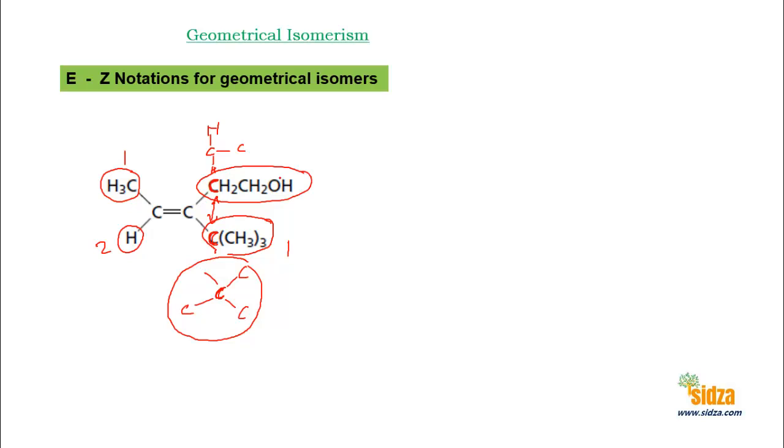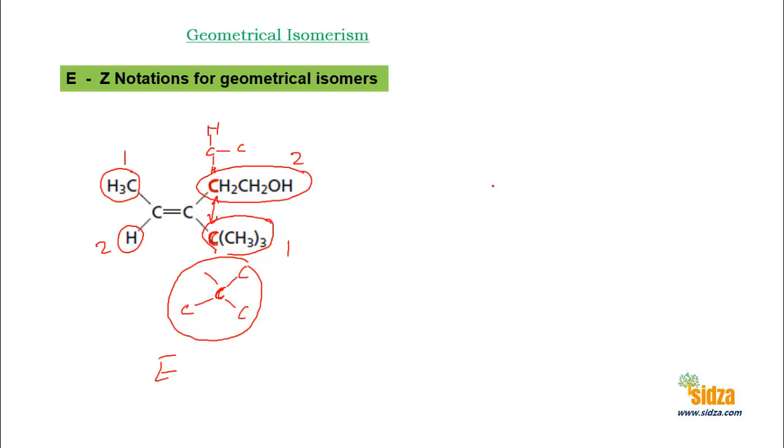We don't have to look at the oxygen, it has a higher atomic number, but that comes later. When we assign the priority, we have to see the first point of difference in the group. The first point of difference is over here. So here the highest priority groups are on the opposite side, therefore this will be the E isomer.